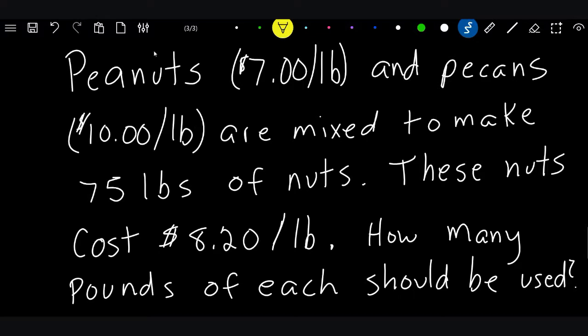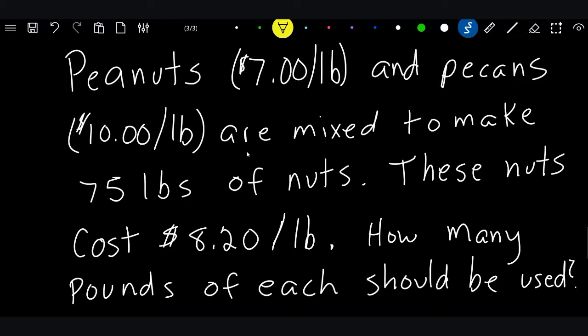And so we have peanuts, and they cost $7 per pound, and the pecans cost $10 per pound. I'm just reading the information here. This one's in your book. I modified it just a little bit, but it is in your book on page 170. If you want to follow along there, you can. It's not exactly like it is written in the book, but it's close.